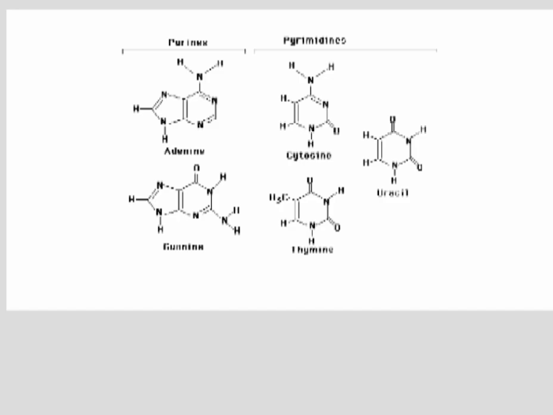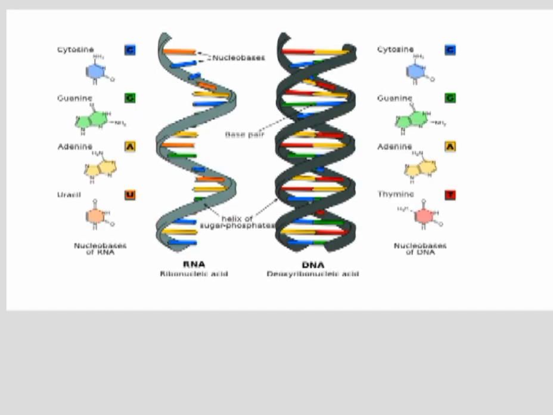This structure shows the purine structures as well as the pyrimidine structures. Pyrimidines: cytosine, uracil, and thymine. Purines: adenine as well as guanine. This structure shows DNA as well as RNA. RNA is ribonucleic acid, DNA is deoxyribonucleic acid.